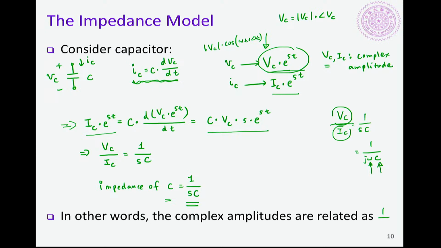Okay, so this is what we write here. The complex amplitude, which means VC divided by IC, are related as 1 over SC.